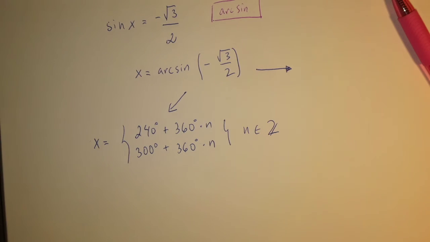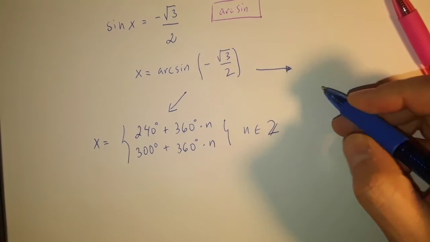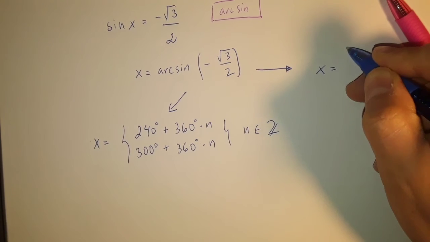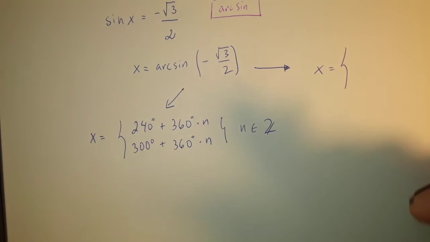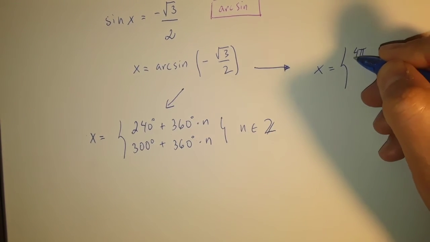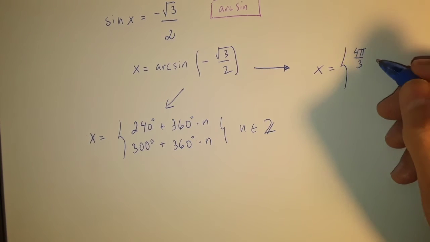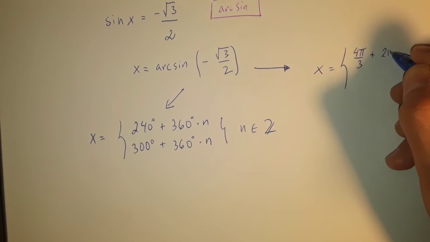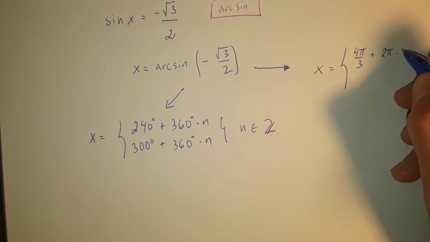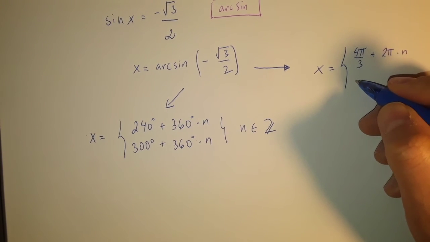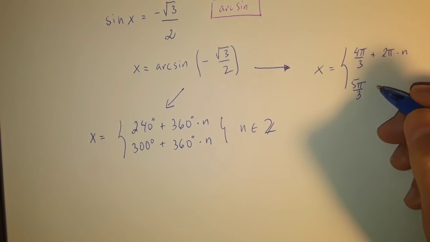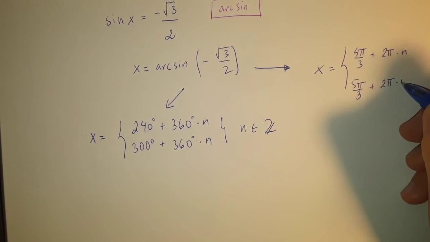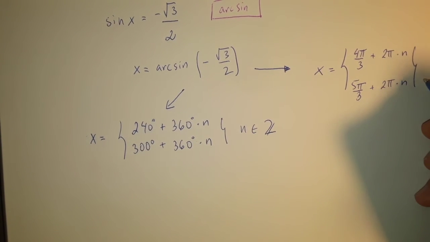So if I want to express it in radians, this would be, as we said, 4 pi over 3 plus 2 pi, because 2 pi is a full circle in radians, right? And then the other one was 5 pi over 3 plus 2 pi times n, where n belongs to the integers, okay?